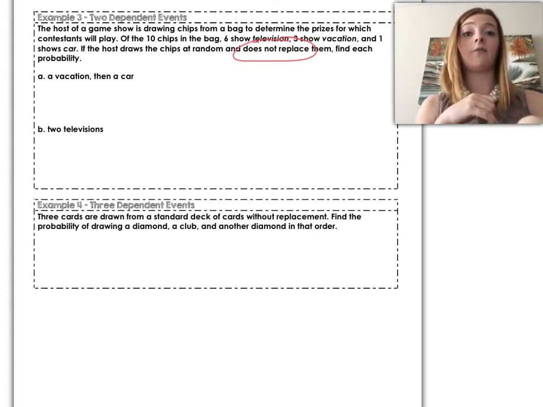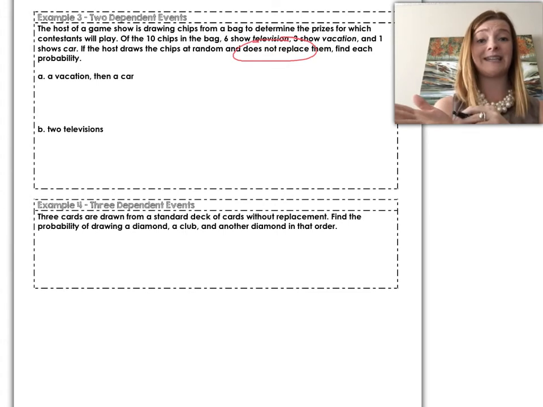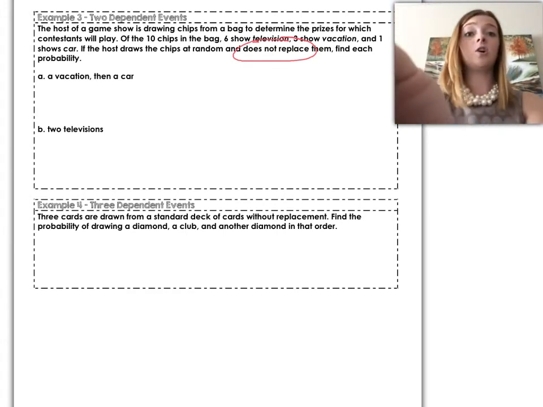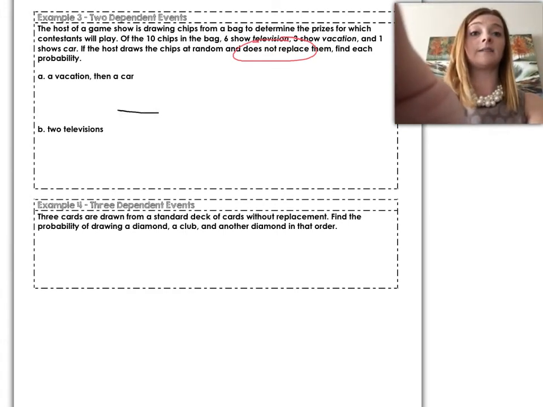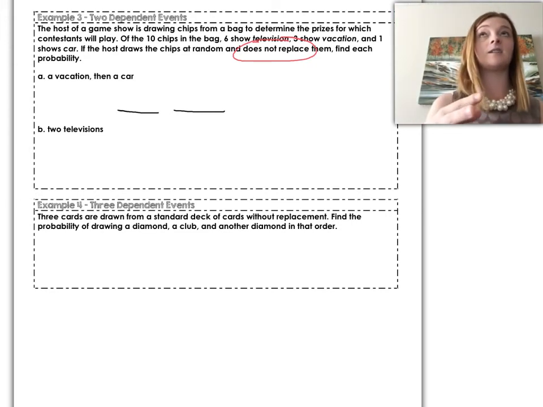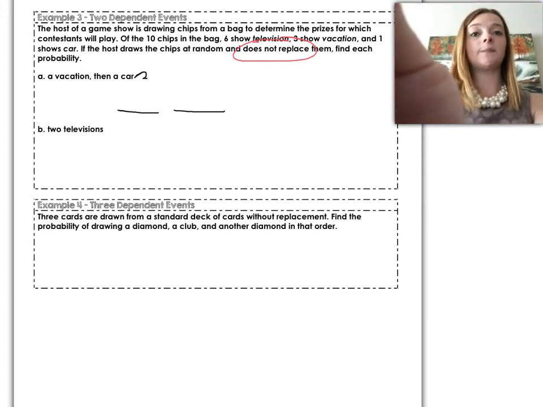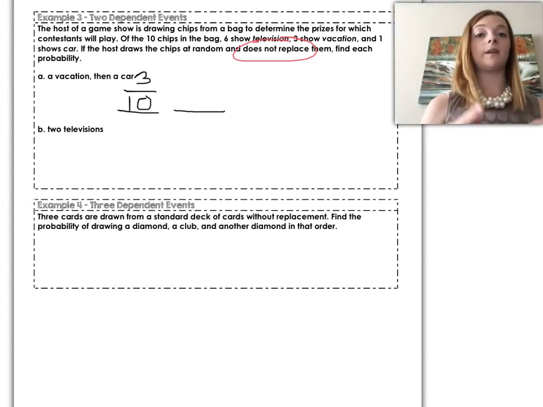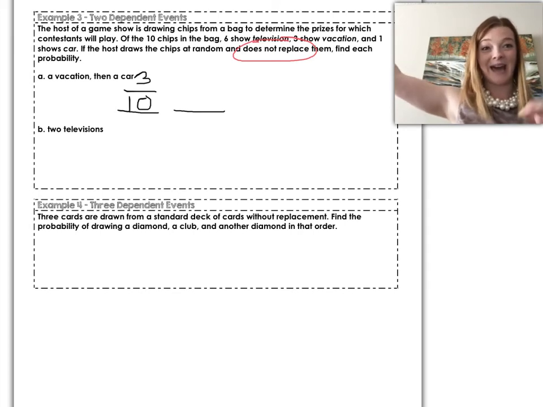So first off, we have a probability of drawing a vacation, then a car. And notice that it's very important that we recognize that the order here will affect the way we solve this problem. So the very first probability, what is the probability that I draw a vacation? Well, there are 3 chips for vacation, and there are 10 total chips, okay? My next probability, so we have 1 of those chips out, okay?